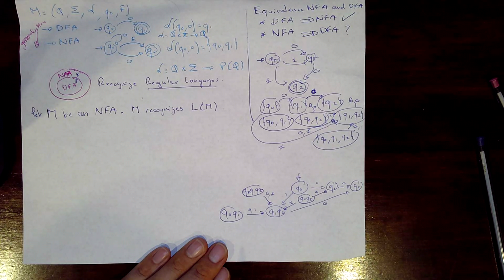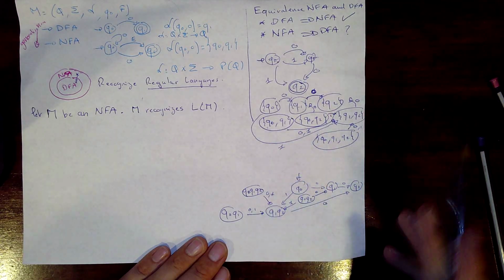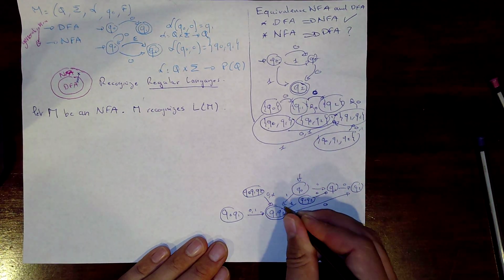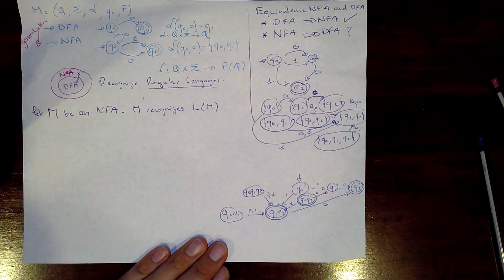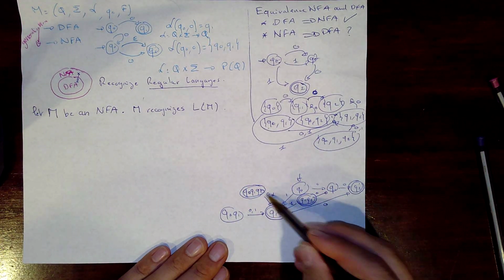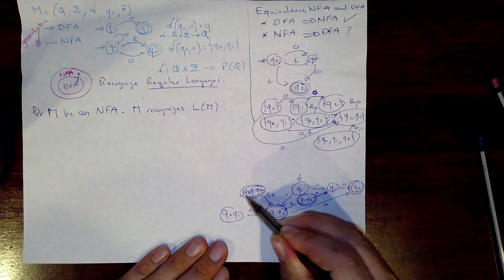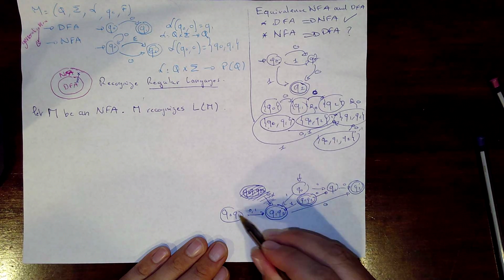And the accept states, however, have to be all of the states that have Q2 in them, in our case. So it's going to be this one, or this one, or this one, or this one. But for this one, there's no way to get there from the start state. So it's kind of useless. We can get rid of this one. It's the same about this one.